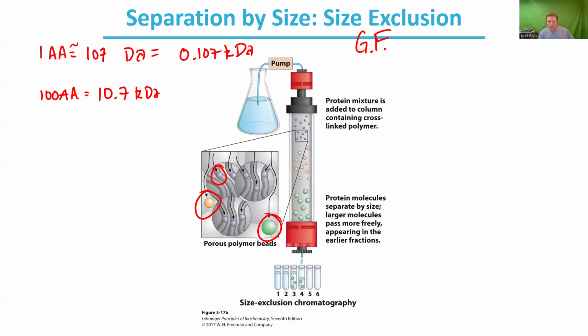Now, what do you notice about these protein samples at the bottom? Which one of them came out of the column first? The largest first, absolutely. That's always something that I struggled with, and it was very confusing for me.